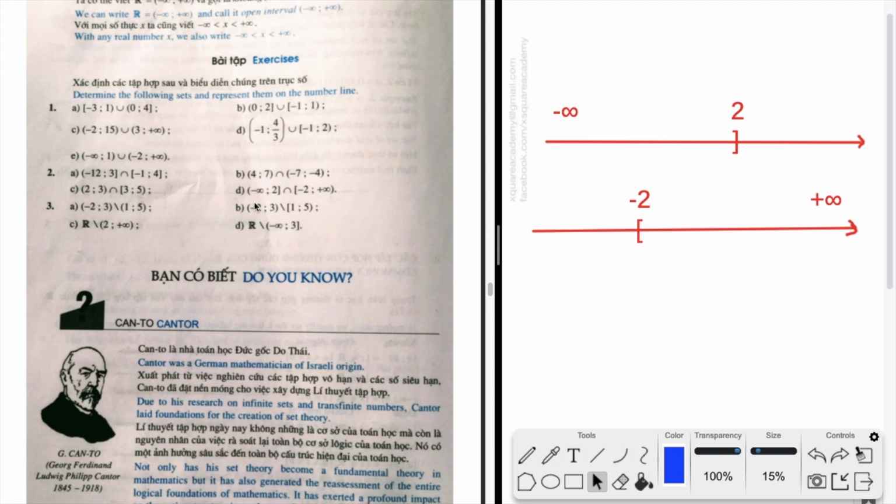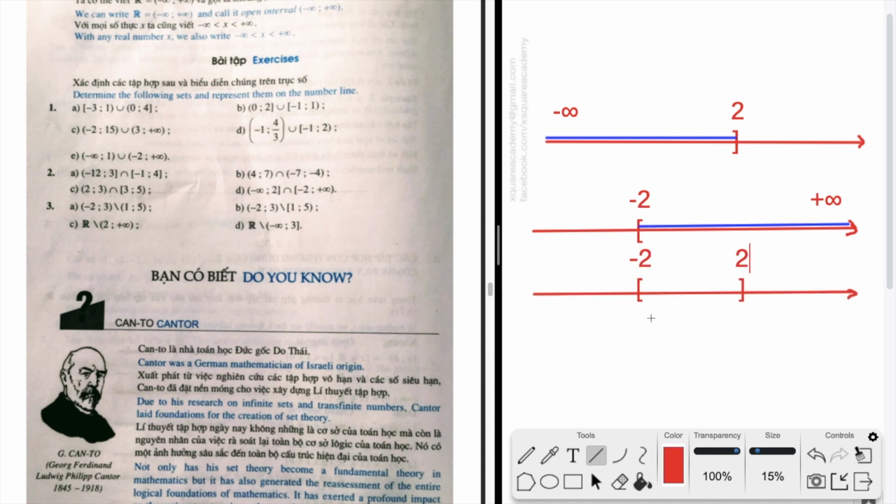D: the half-open interval from negative infinity to 2 intersect with the half-open interval from -2 to positive infinity. You see this interval from -2 to 2 is their common area, and the result is a closed interval from -2 to 2.